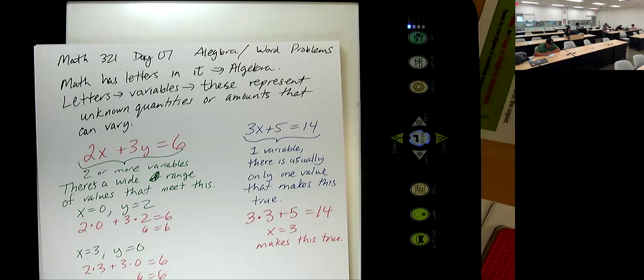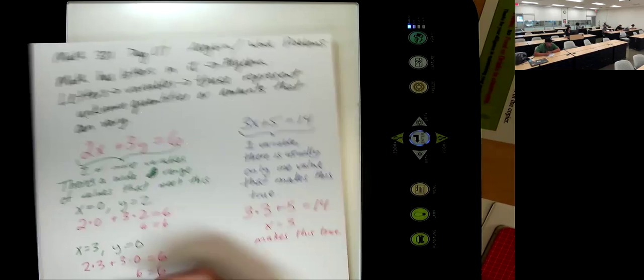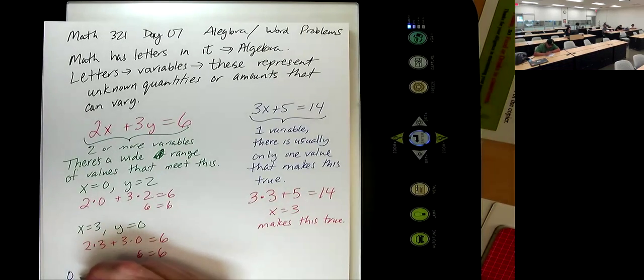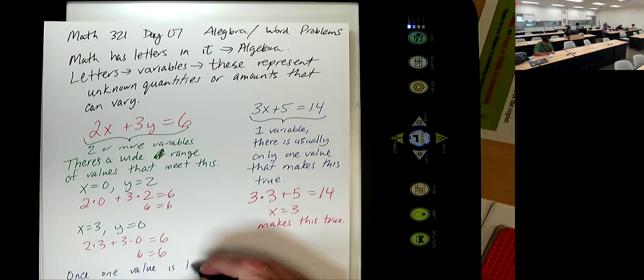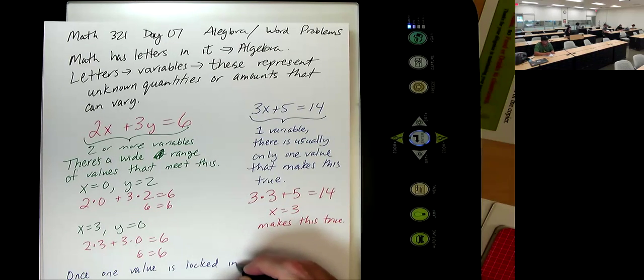But when there's more than one variable, once one value is locked in, we usually call this the independent variable.